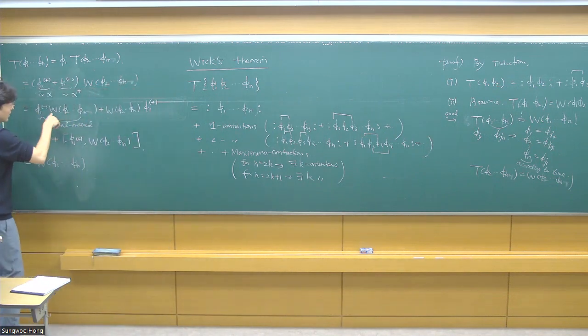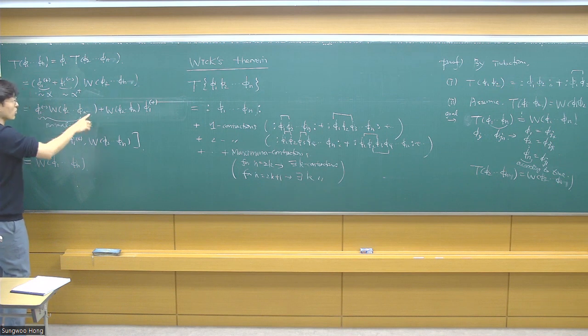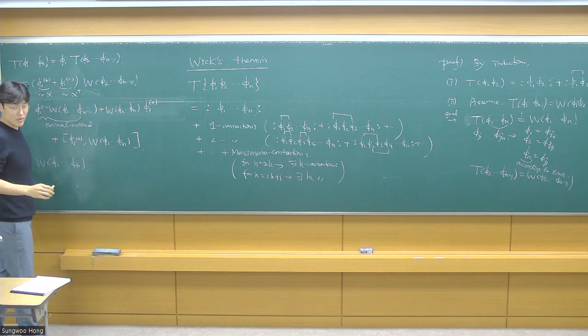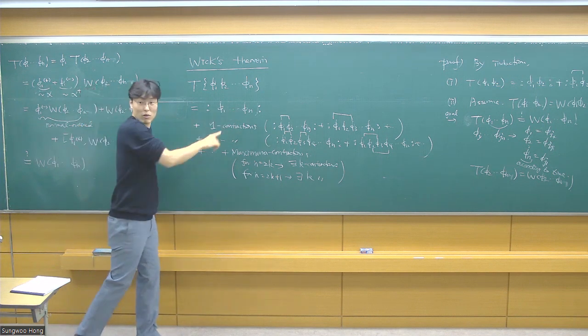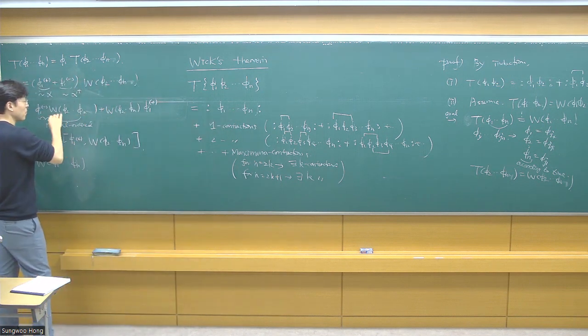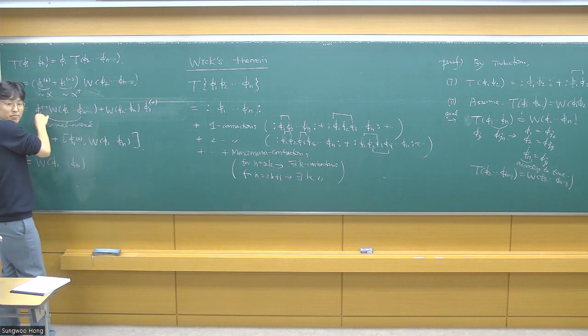So let's actually do it. First let's understand this piece. This piece is a completely normal ordered piece, not including phi 1. It also includes all possible contractions, but excluding phi 1.